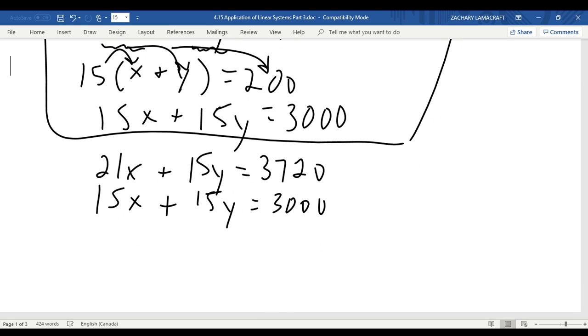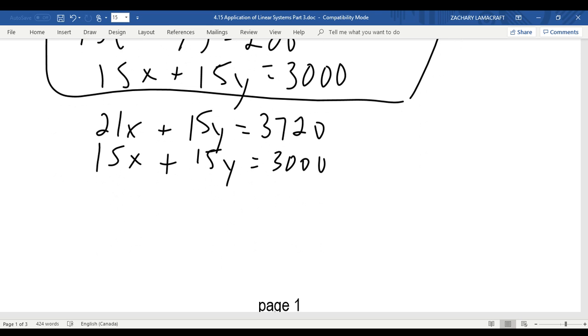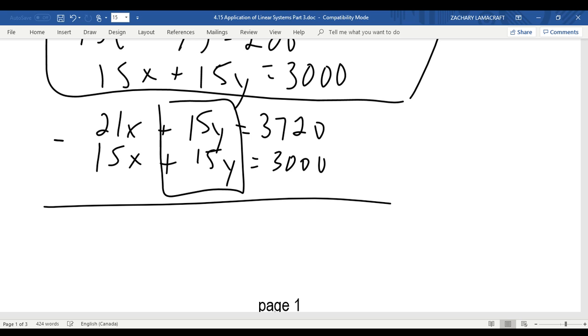If we look at this equation right now, we know that we've set it up so we can get rid of the y's. So we would subtract, because if we subtract 15 from 15, we get 0. So in this case, 21 subtract 15 would be 6x. And 3720 subtract 3,000 is 720.